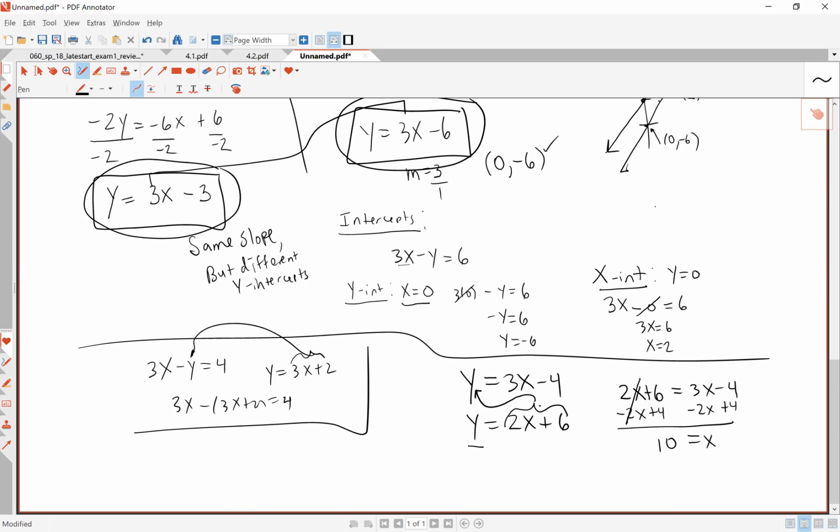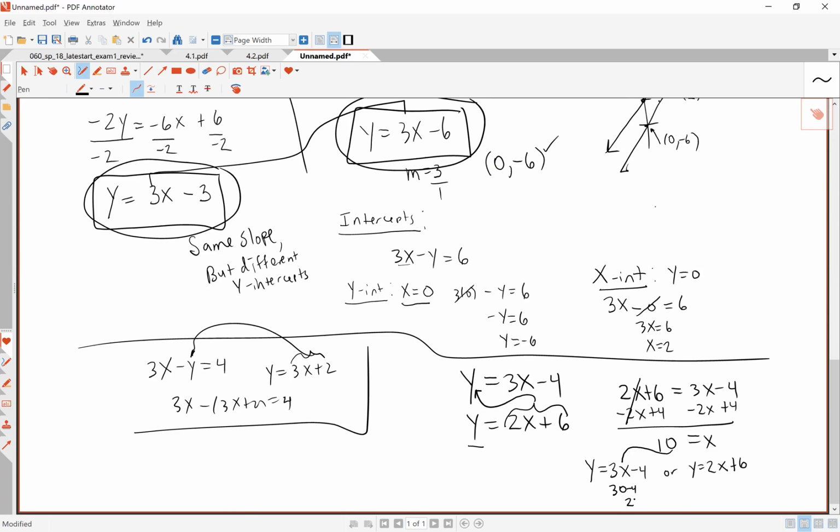So you either plug it back into y equals 3x minus 4, or you plug it back into y equals 2x plus 6. If I plug it in there, that's 30 minus 4, which is 26. If I plug it back in there, that's 20 plus 6, which is 26. So we would say it's (10, 26).